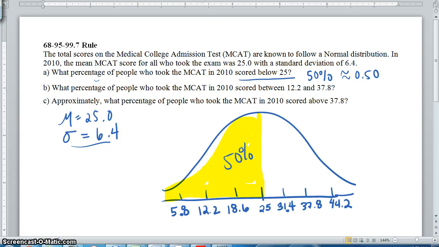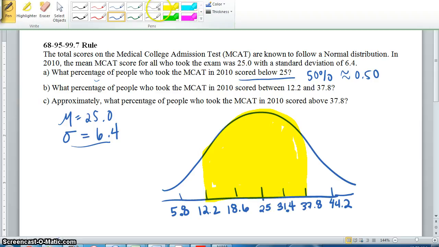All right, so for the next problem, we want to find the percentage of people who took the MCAT in 2010 that scored between 12.2 and 37.8. We can do this by again shading in the region because we have already put in our standard deviations. Basically, we just need to say, okay, it's in between these 2 points. Shade this in, and from the 68, 95, 99.7 rule, we know that this is 2 standard deviations away from the mean.